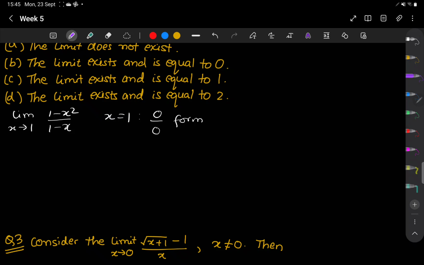Now whenever you have these kinds of forms, the following rule comes in handy. It's called L'Hopital's rule.